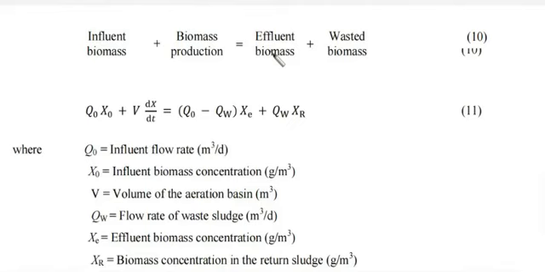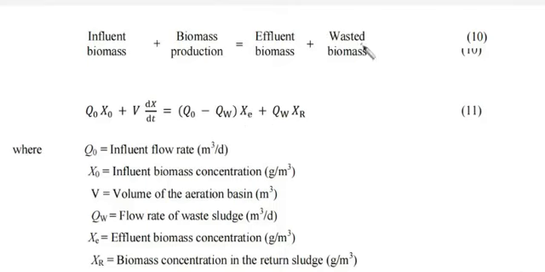What is the effluent biomass? It is the flow rate of the effluent, minus the flow rate of the waste sludge, times XE. This is the biomass concentration at the effluent. So we write it as XE, plus wasted biomass.